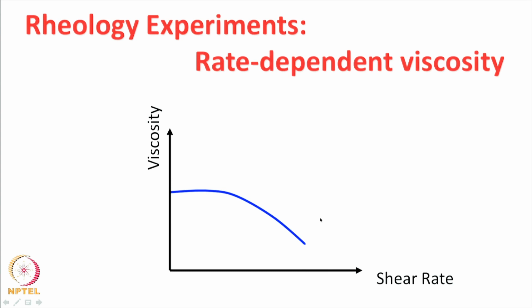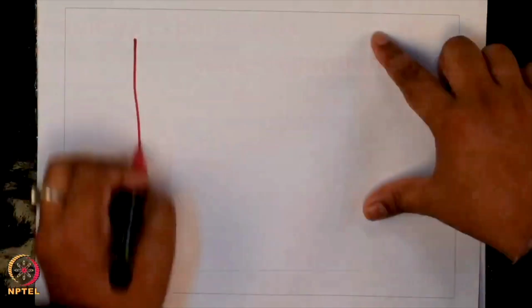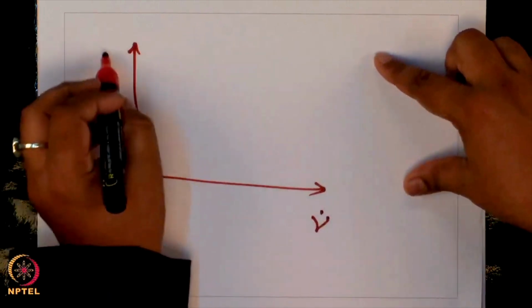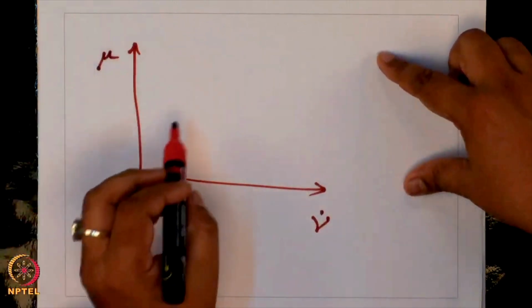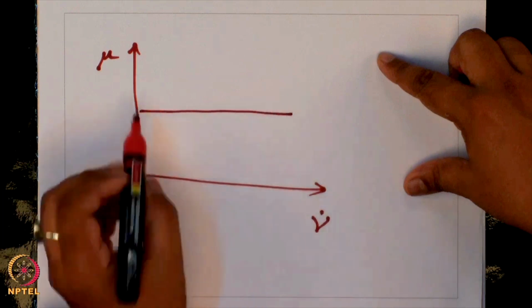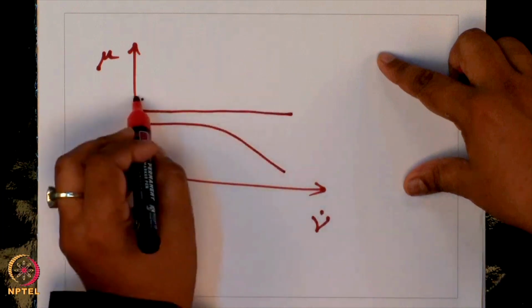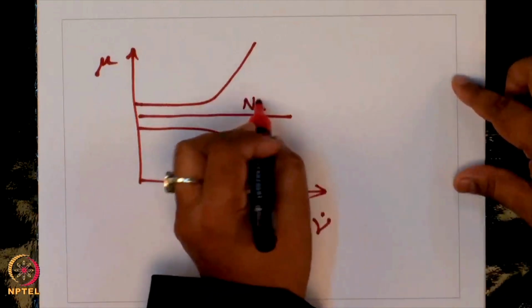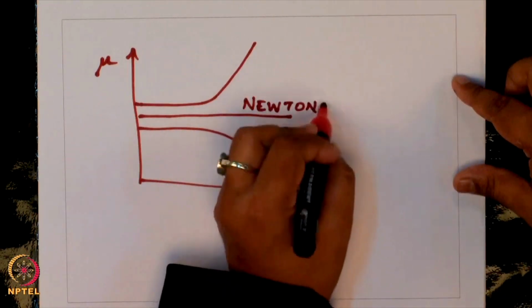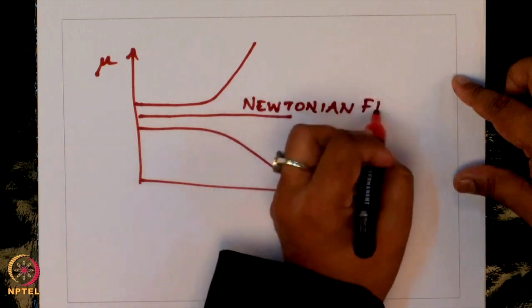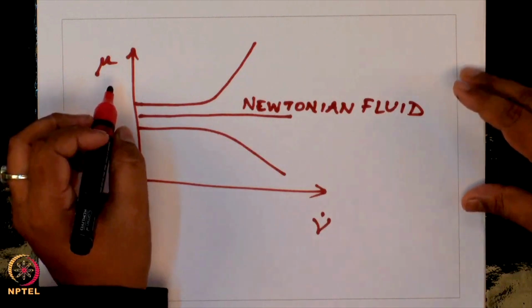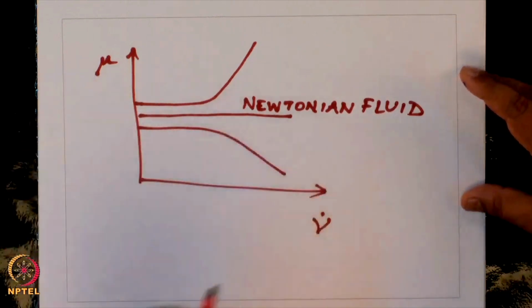Okay, so you have gamma dot, you have mu or the viscosity. So, you might have 3 different responses. Okay. So, this is a Newtonian fluid, because when mu is constant, it does not exhibit any dependence on gamma dot, you call a Newtonian fluid.